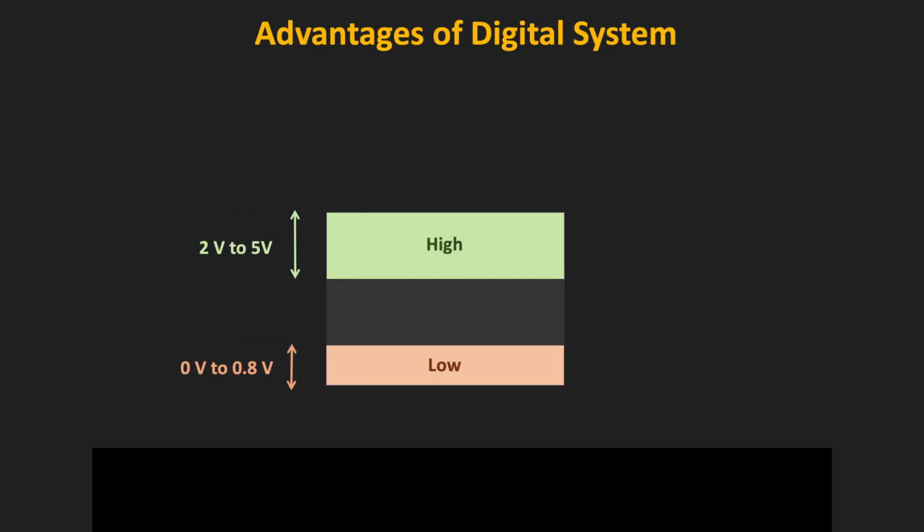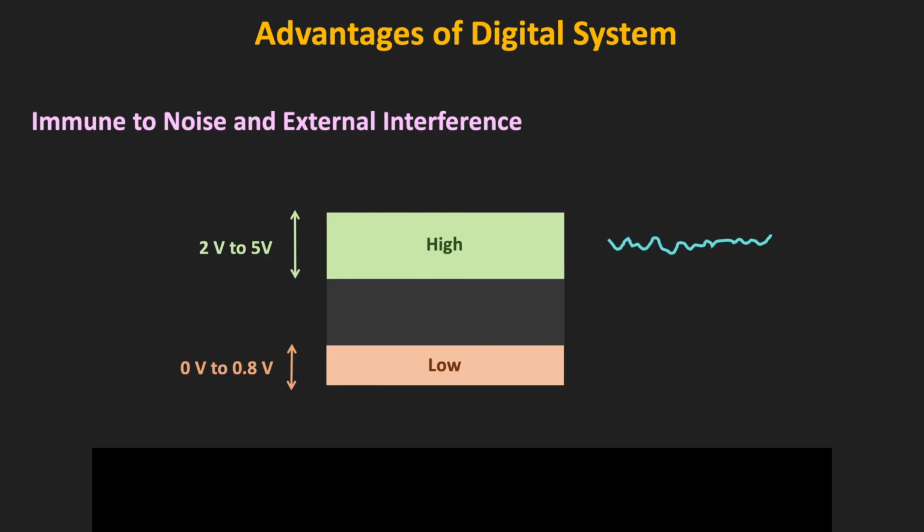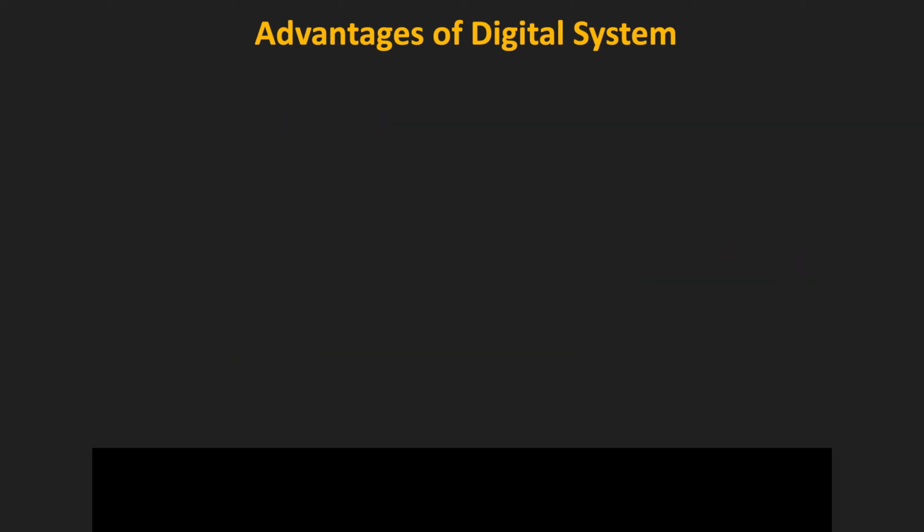And that is the advantage of this digital system. Even if noise or interference gets superimposed on the actual signal, as long as the signal level is within a certain band, it is possible to identify that signal as either logic 0 or logic 1. That is one of the advantages of the digital system over the analog system. The other advantage is that digital data is easy to store, replicate and process.